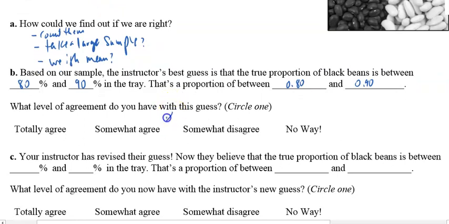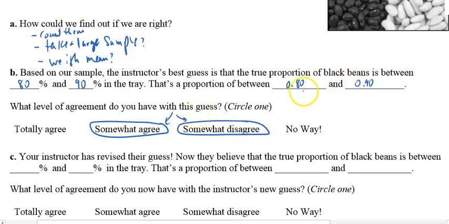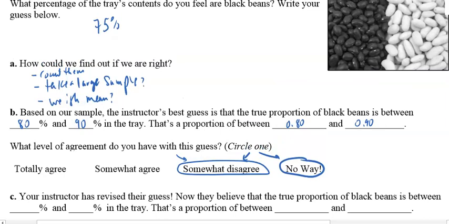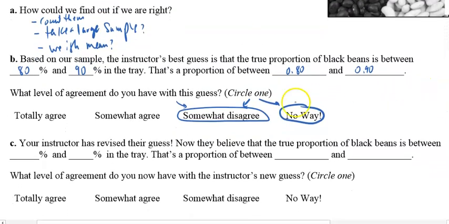Well, if you chose 75, you might somewhat agree or somewhat disagree. But if you're saying there's about 75, and the teacher is saying that's between 80 and 90, most likely you're going to be here.